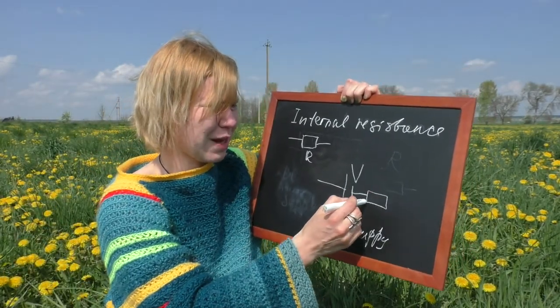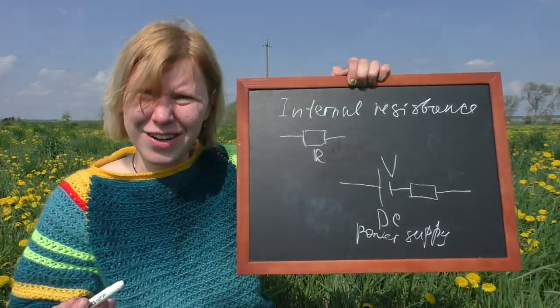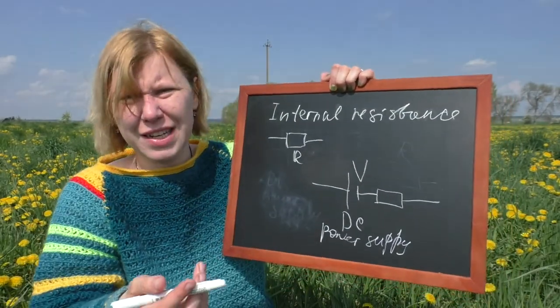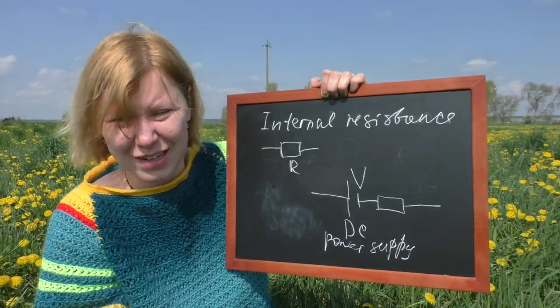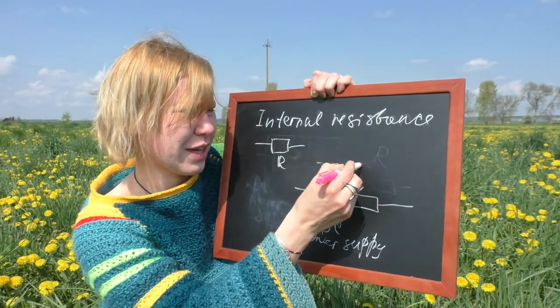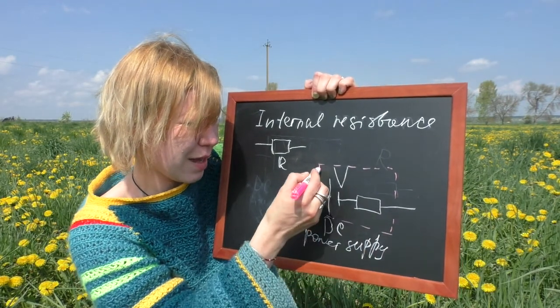So it has something inside its construction that does not allow current to easily come through it, even if it provides voltage and current itself. And we usually mark it like this. We mark these two elements together, and we can call it a battery.